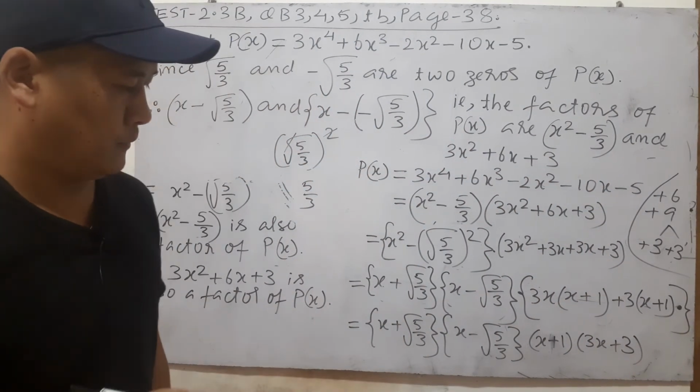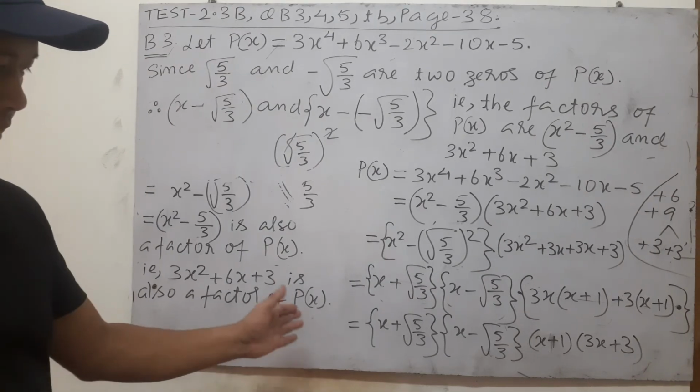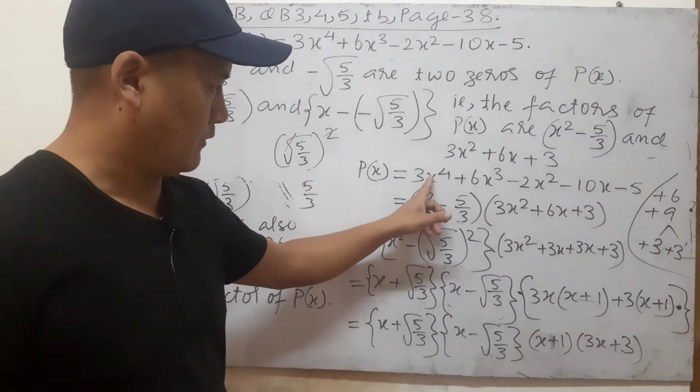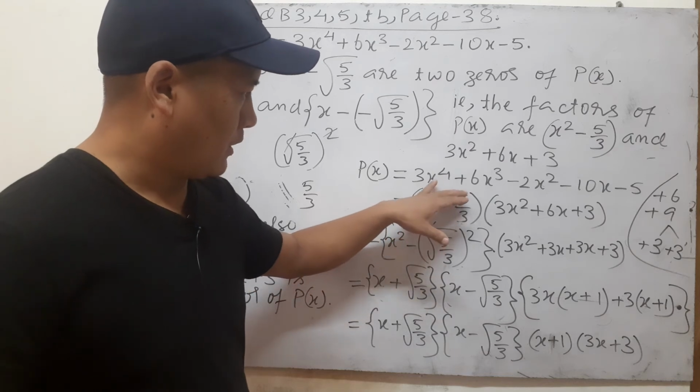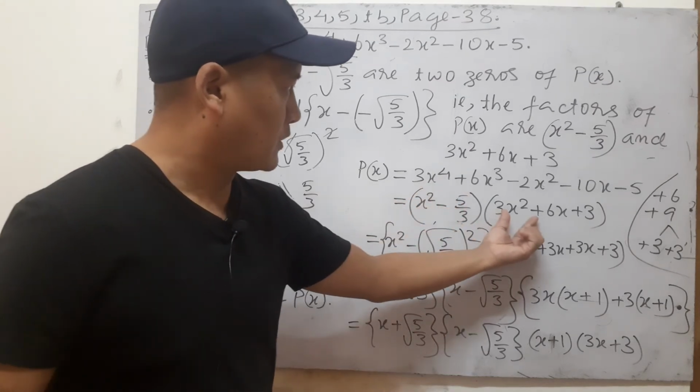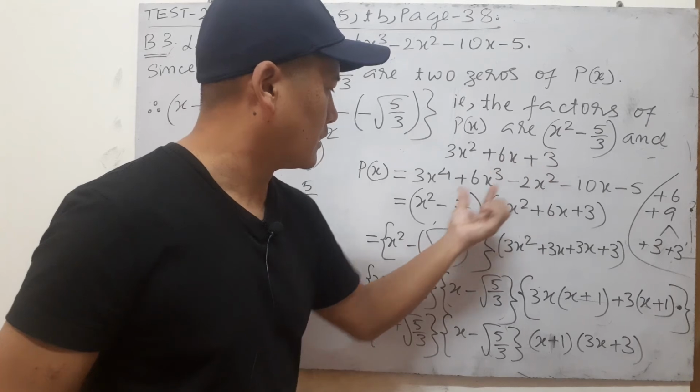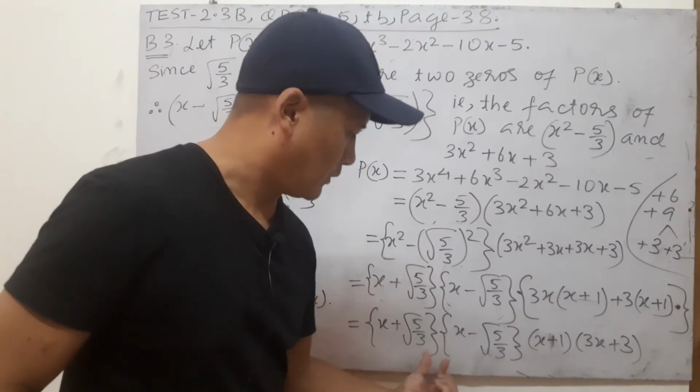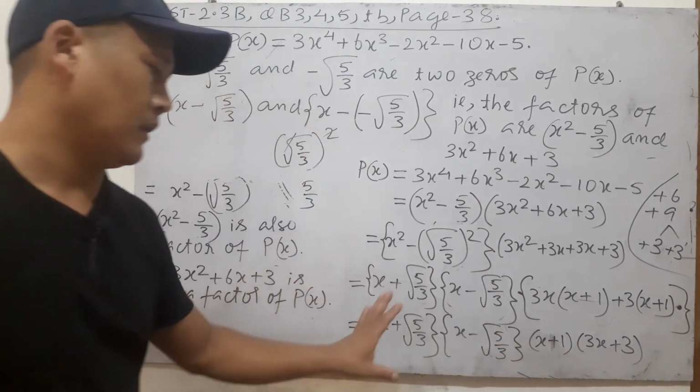Let's just do it slowly. Now we have got the given polynomial p of x expressed as a multiplication of its factors, and then simplified to its factorized form. You can stop there once.